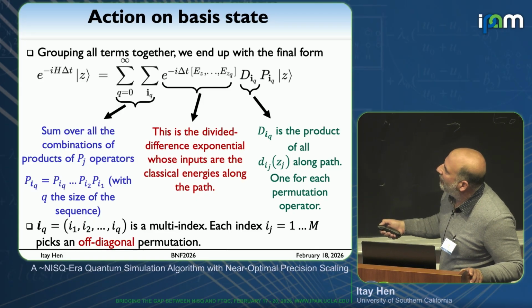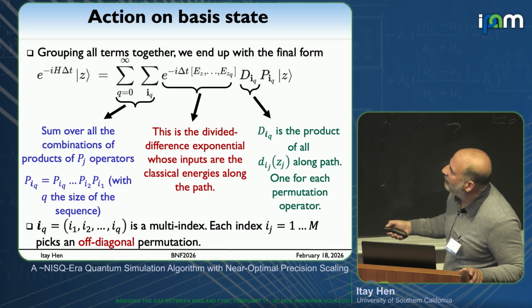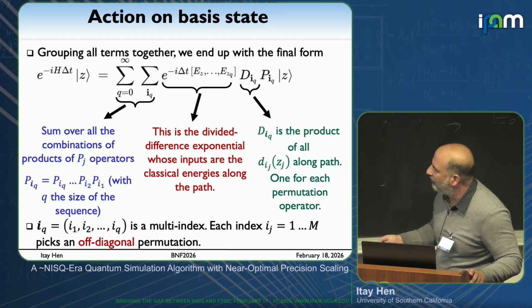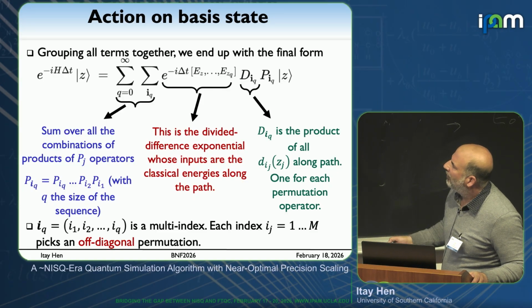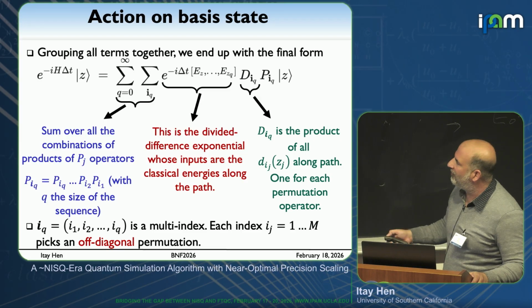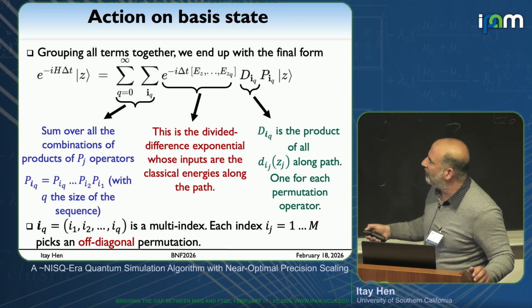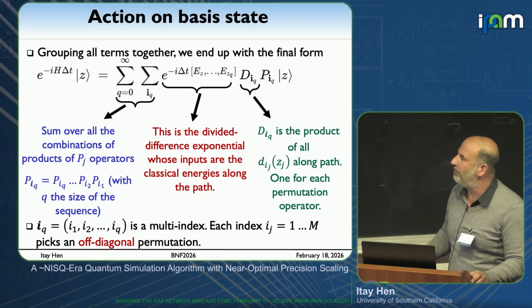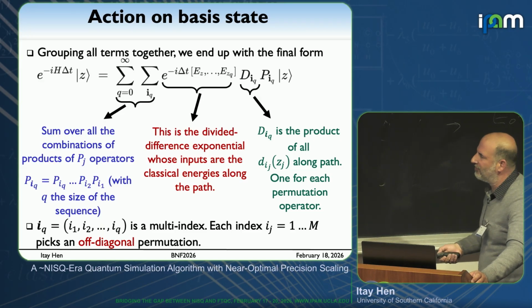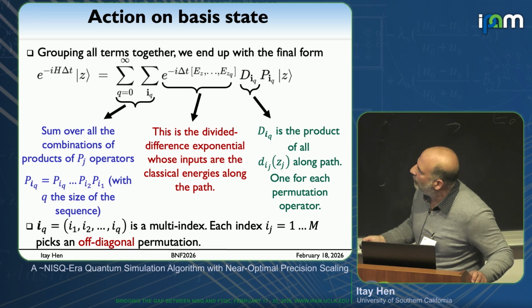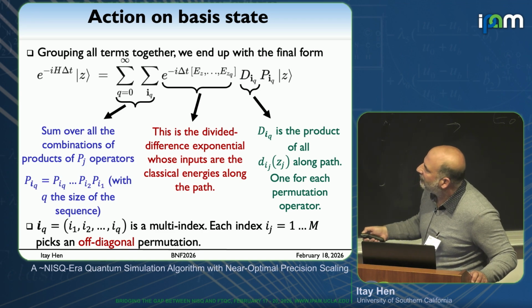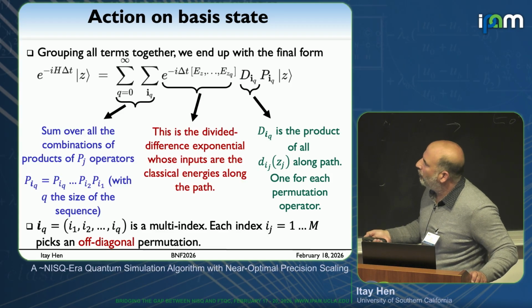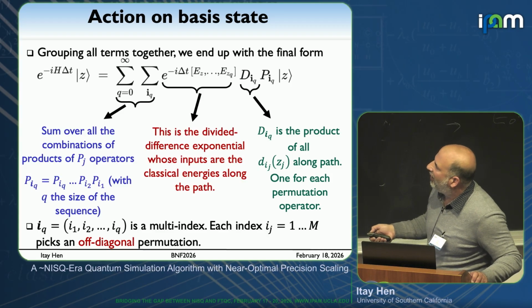And this thing here, I tried to convince you, is a constant that is efficiently calculable. So hopefully it starts to remind you of a linear combination of unitaries, because these are efficiently calculable constants and these are unitaries, products of X's. And so we are hopefully starting to see what we can do with this.